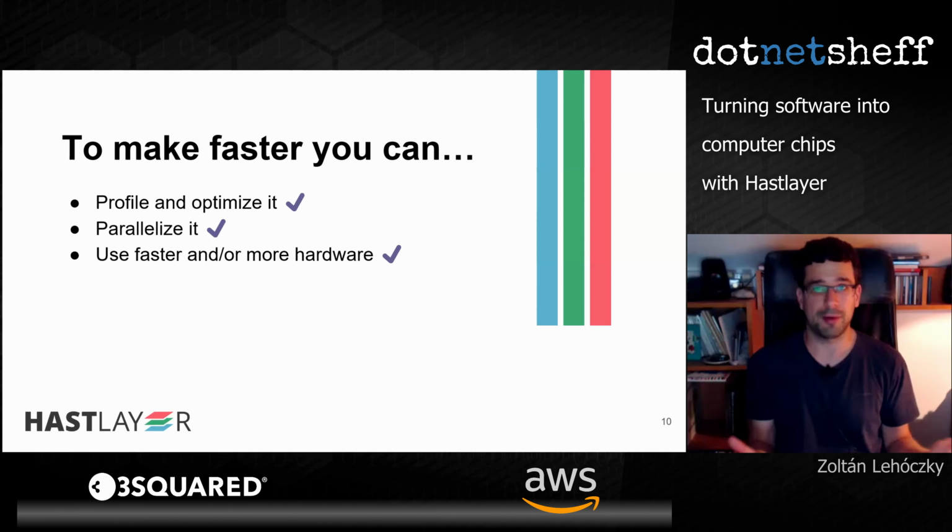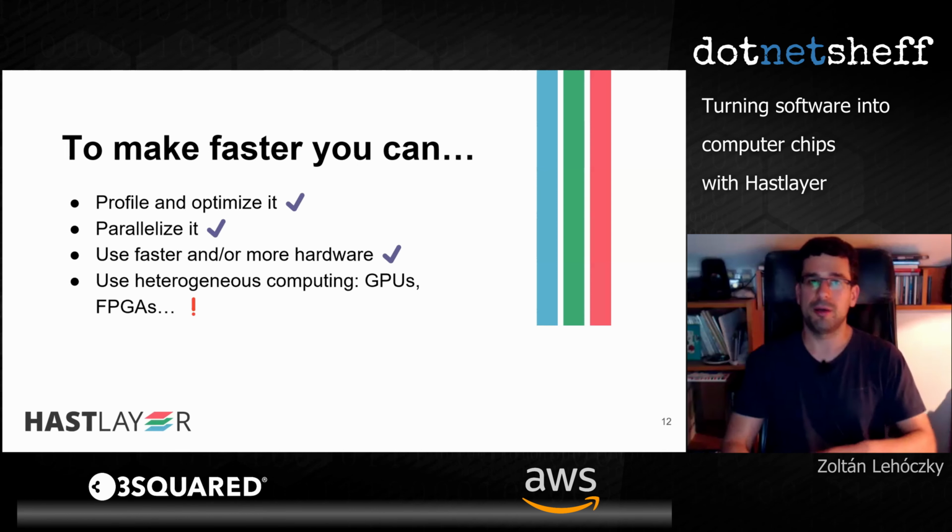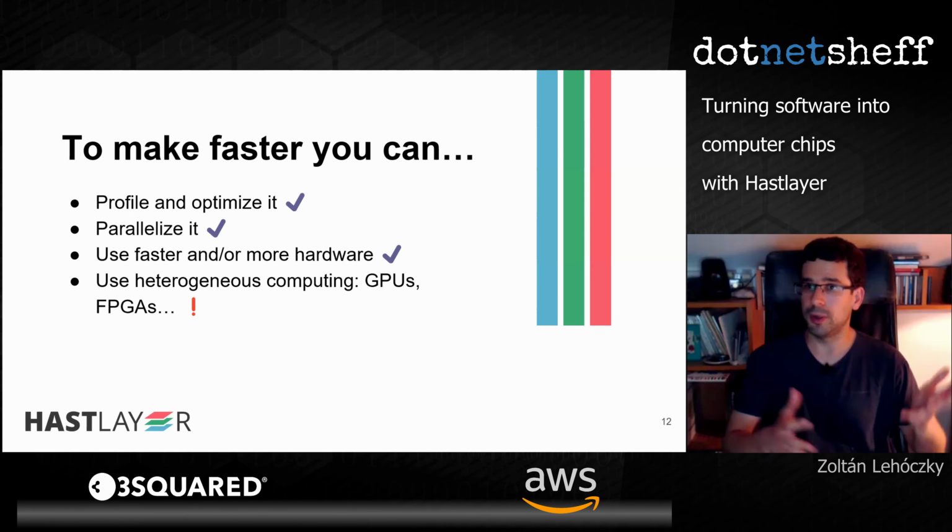Or you don't have unlimited money to throw at the problem. Then you can take alternative approaches, where one of them is using heterogeneous computing. That means that you would utilize not just the CPU of a server or of a PC, but rather some kind of accelerator card like GPUs, video cards, or FPGAs.